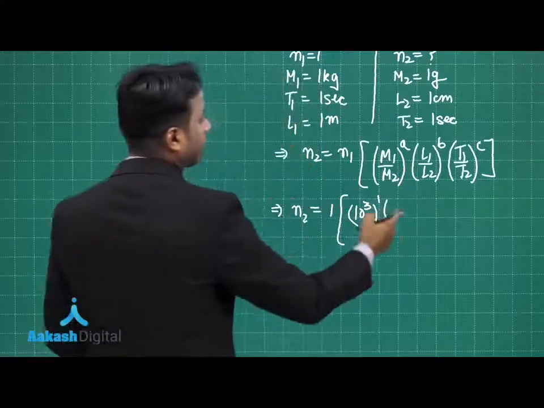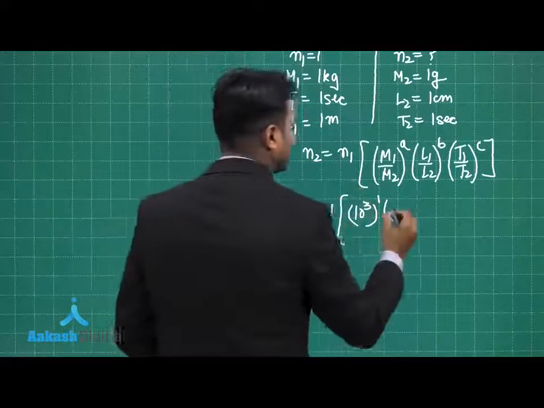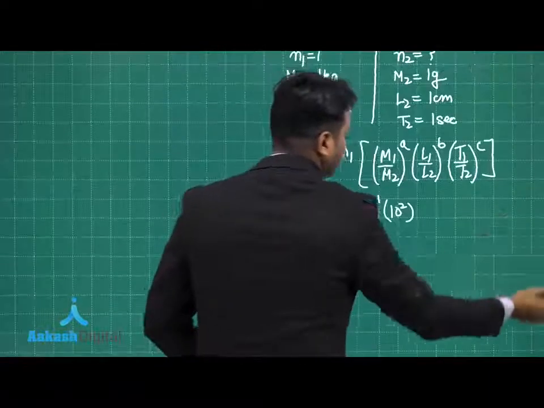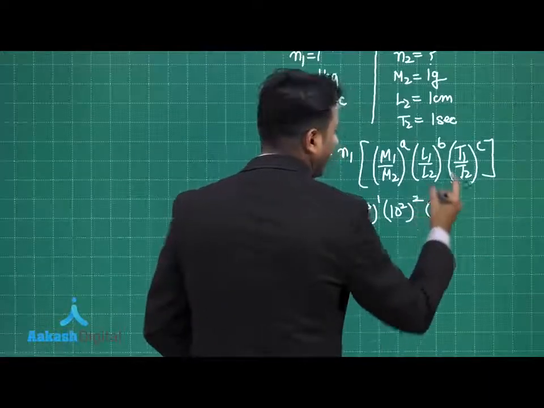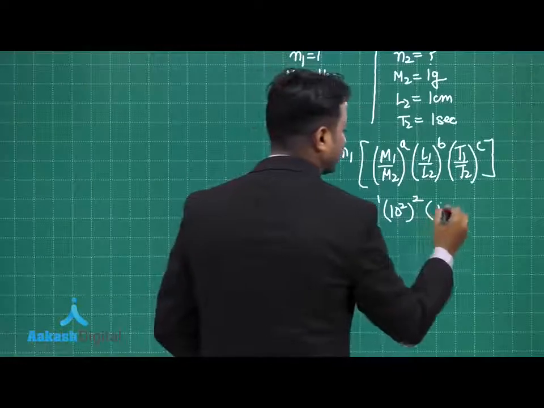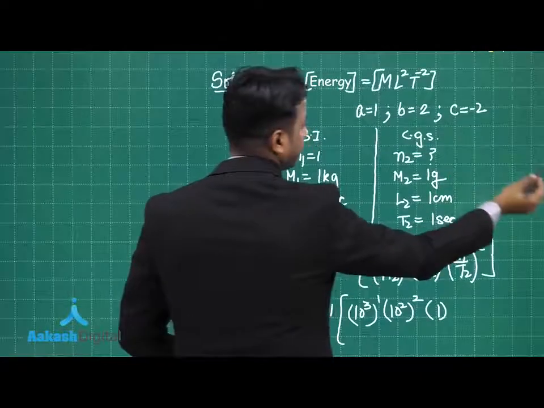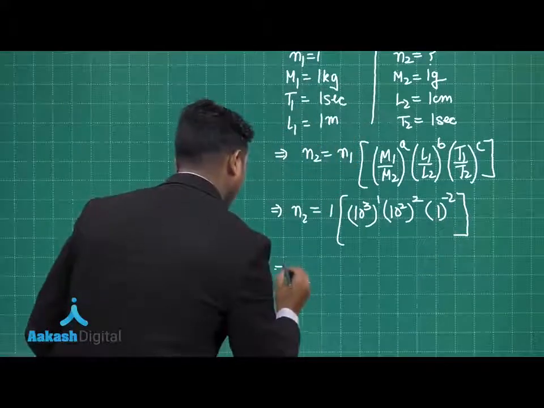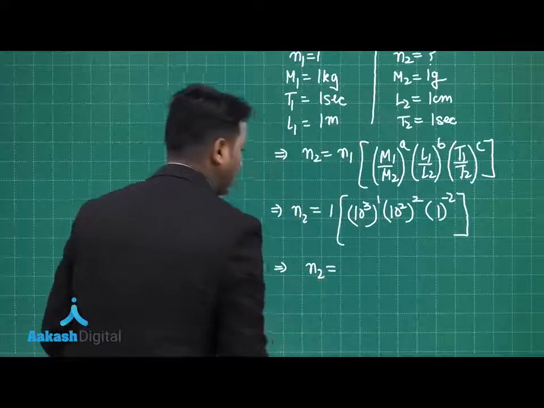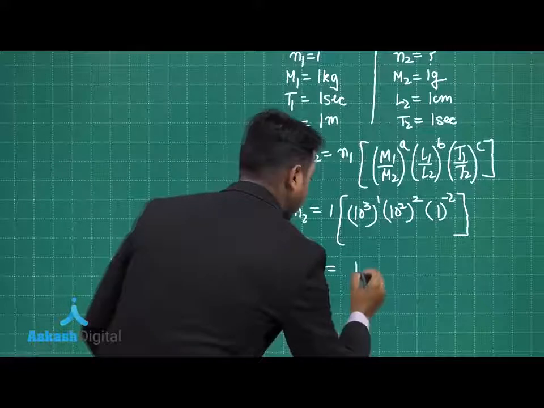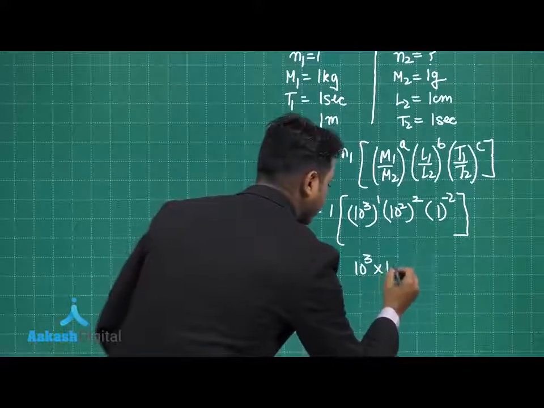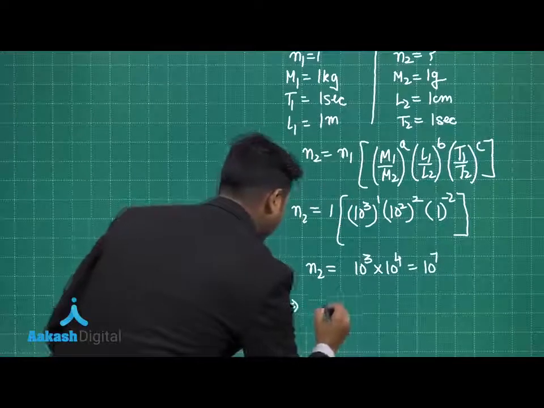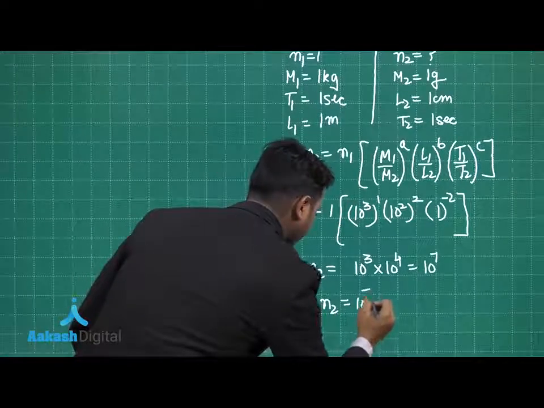Then L1 by L2 is again 1 meter by 1 centimeter, this is 10 to the power 2, whole to the power 2. And then I have second on both sides, so this is 1 to the power C, and the C value is minus 2. So this N2 will come out to be 10 to the power 3 multiplied with 10 to the power 4. This is 10 to the power 7. So basically I have N2 is equal to 10 to the power 7.